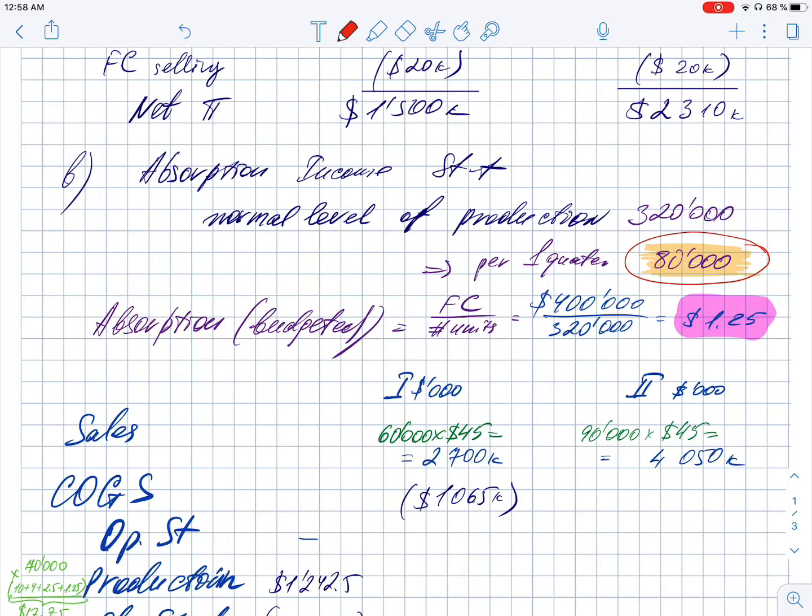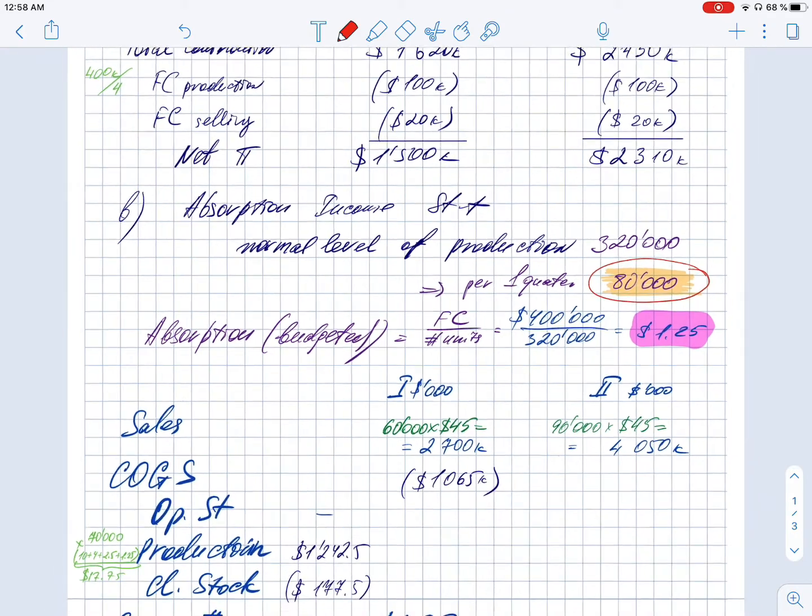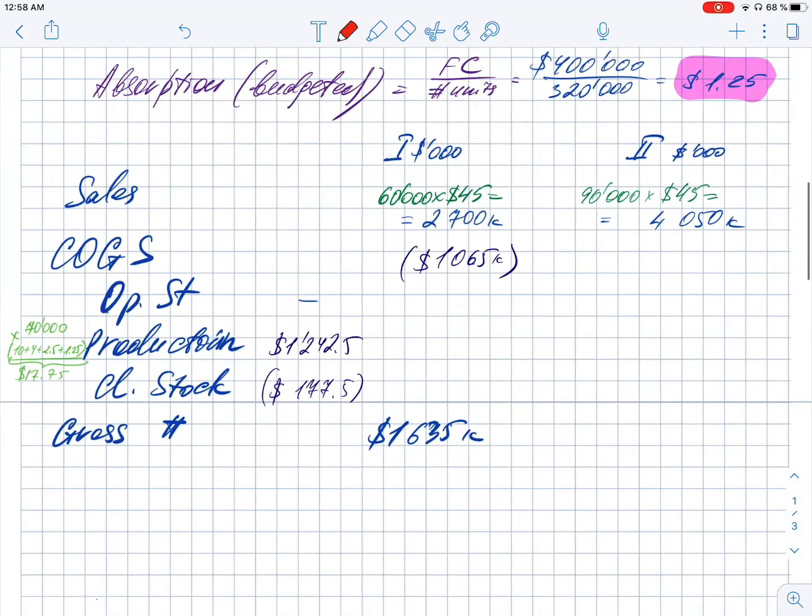And 10,000 units will never have that small portion of fixed overheads within. It means that $1.25 multiplied by the number of units underproduced will never appear in profit and loss statement under production costs. So we have to deduct it.